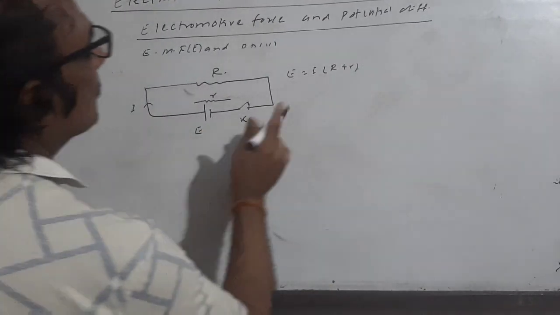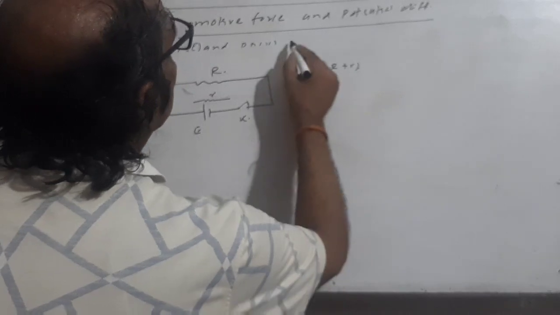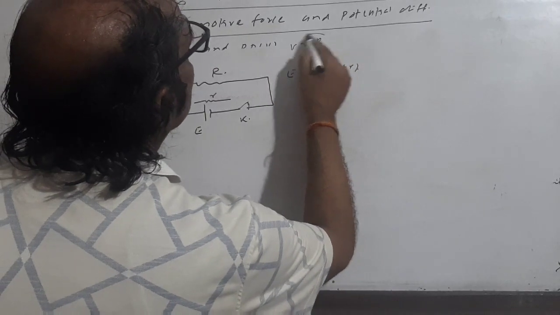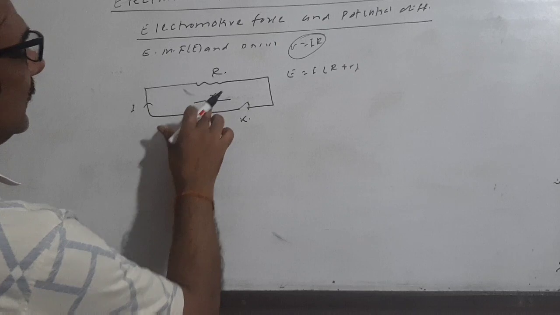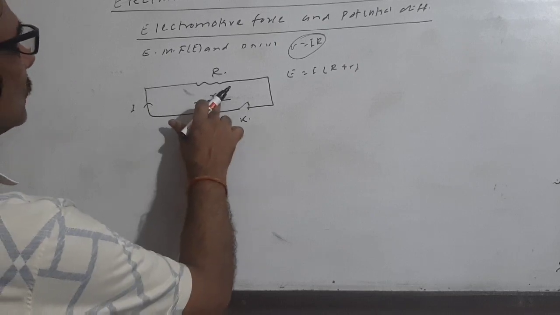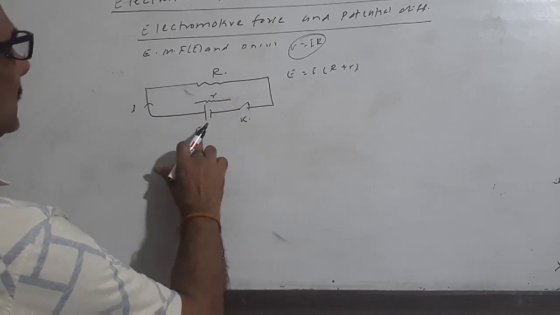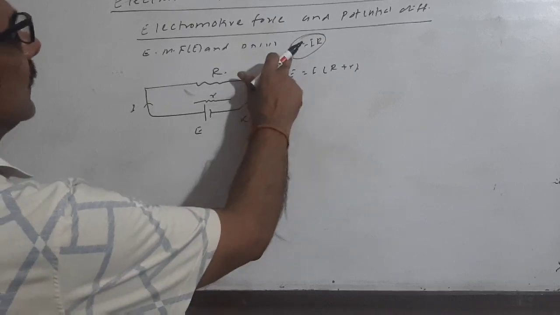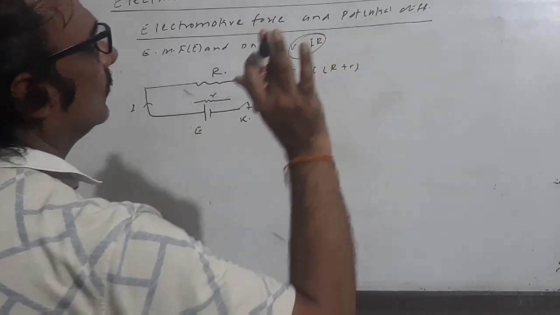And for the closed circuit, the equation V equals IR is used when there is no internal resistance, or if the internal resistance of the cell is equal to 0, so this E can be replaced by the term V, and then V is equal to IR.